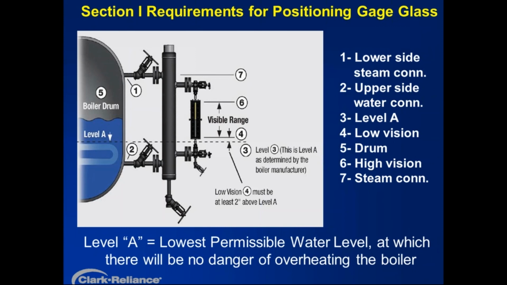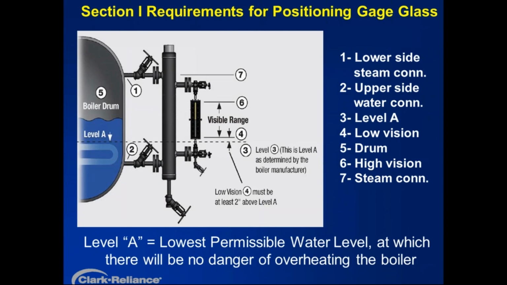The second set of rules here is that low vision point in the gauge glass, item 4, cannot be any lower than item 2. Item 2 is the high side exterior of the water outlet coming off the vessel. Now, to make all this come together, the 4 not intersecting 2 and staying 2 inches above level A have to both be enforced.